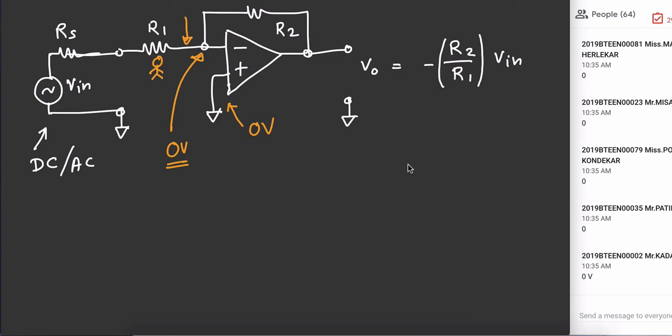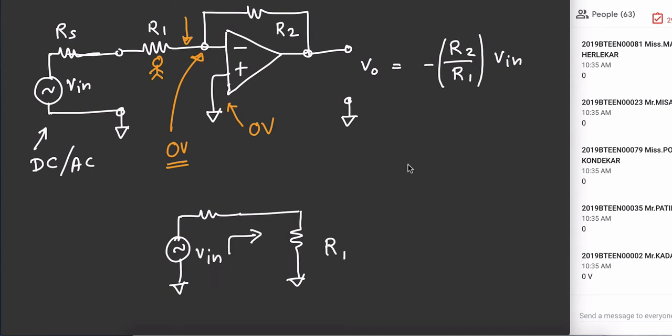So the circuit is as good as like this: RS, V input, and then R1. As far as V in is concerned, it is observing R1 like this only, because R1's right hand side is grounded virtually. Everybody understanding this? Yes or no?